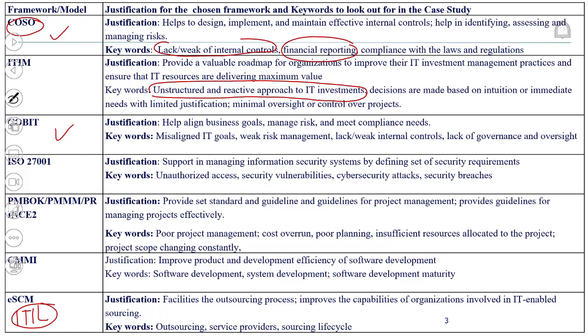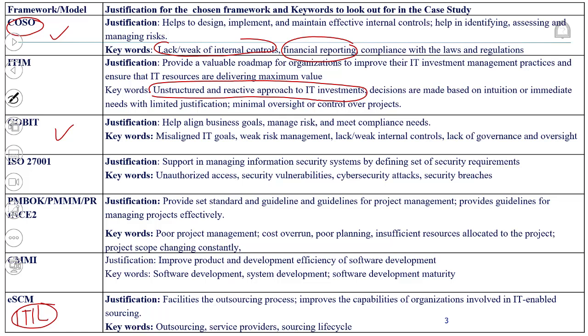ITIM also has something called prioritization of your investments. Say you need to do 4 IT investments. Which one would take priority? ITIM can help the organization prioritize, and therefore the problem with budget constraints would not arise, because we would say, okay, in this particular quarter we are going to do this IT project because we have money for it.